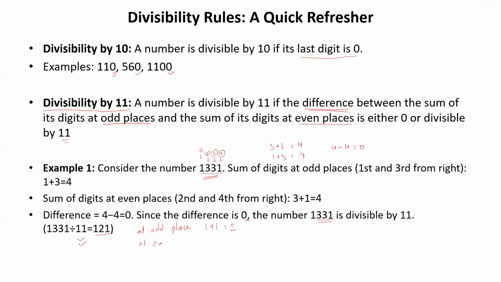At even places, digits at even places, it is 2. And again, you can see that the difference between the sum of the digits at even places and odd places is 0. That means 121 is actually divisible by 11. And if you perform this division, you will get 11.